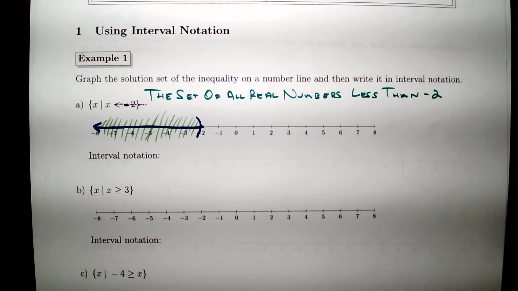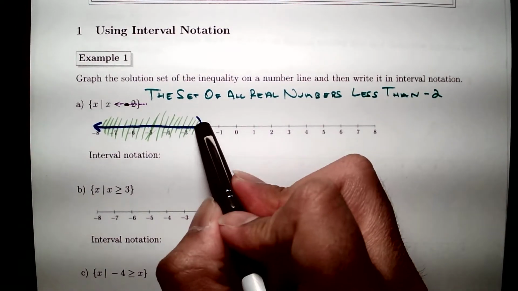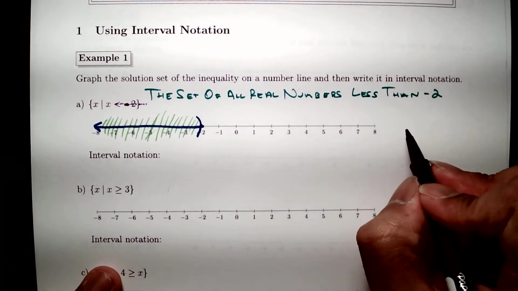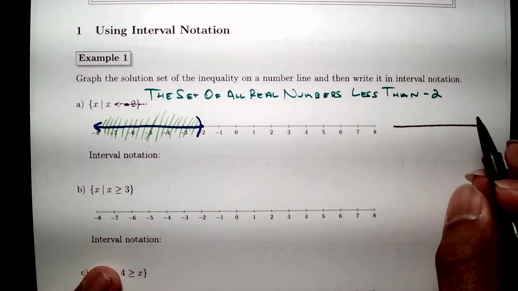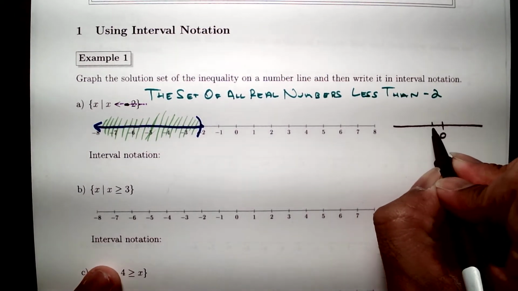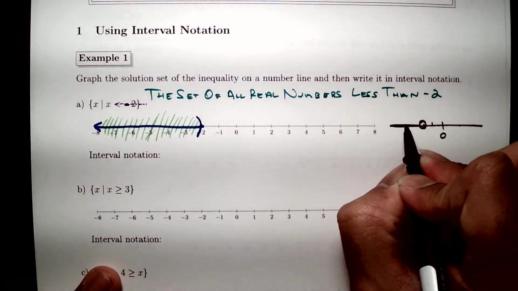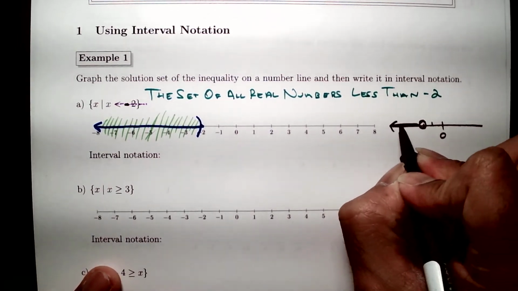The other way, just real quick, instead of using the parentheses: here is our 0, and this is our -2. They put an open bubble, an open circle, and then they go like this.